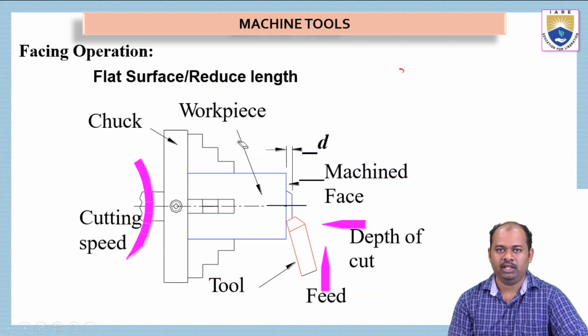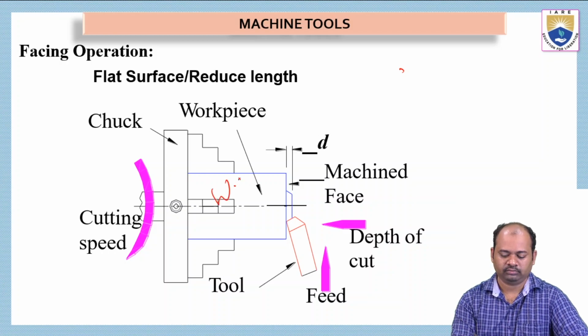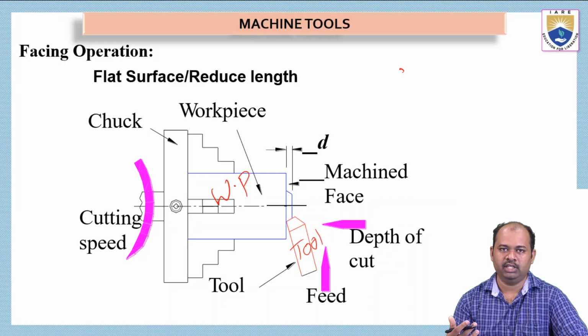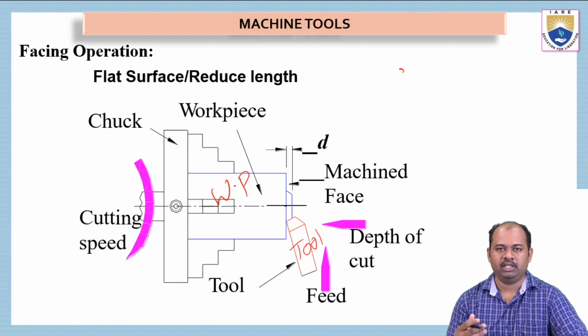Generally, we keep the tool on the tool post and the workpiece in the chuck. When the tool is advanced or kept in contact with the cylindrical rod, it removes some material because the workpiece is rotating at a high speed. See here, this tool will remove only the cross section of the workpiece.